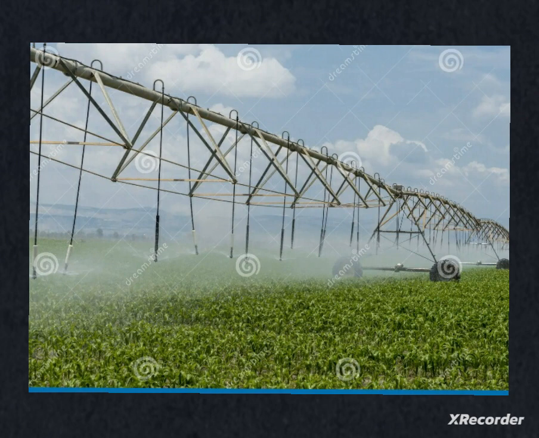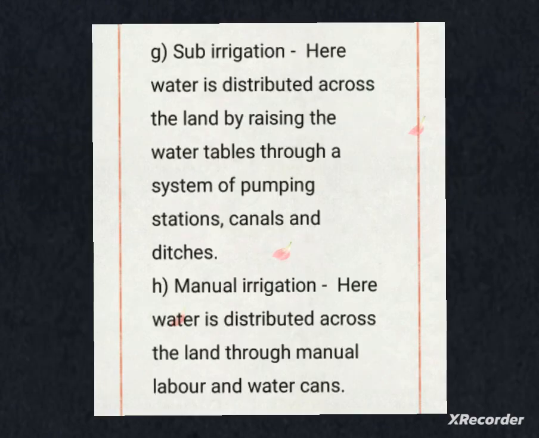The sprinklers move a certain distance across the field and then have to reconnect the water for the next distance. This system is less expensive but requires more labor.